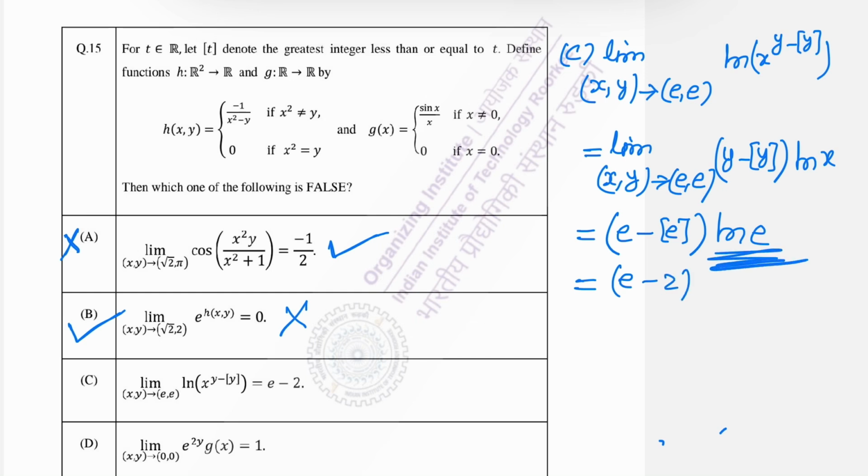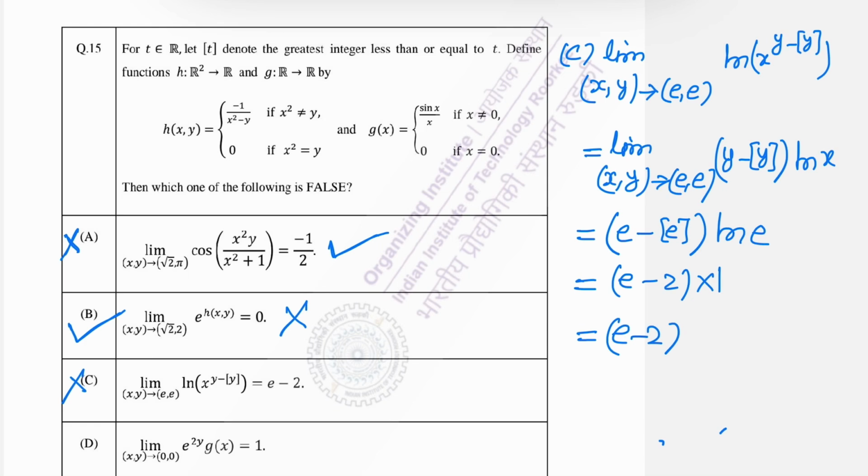Okay, so our answer will be e minus 2, and you see the same, so this limit is correct, but we have to choose the false one, so this is not our option.